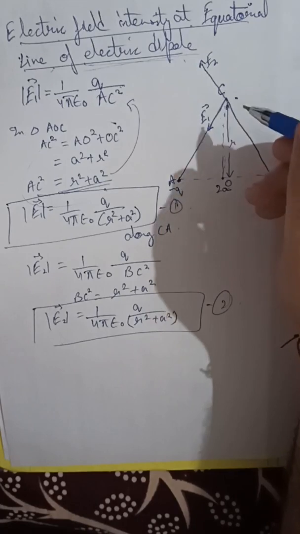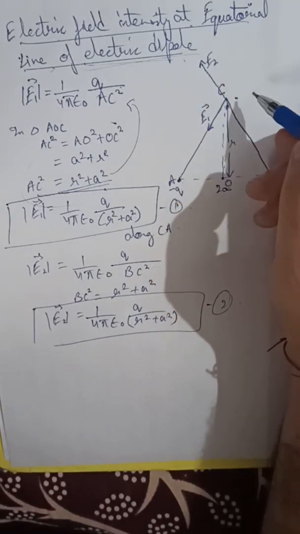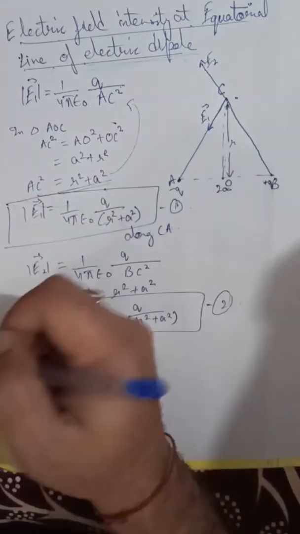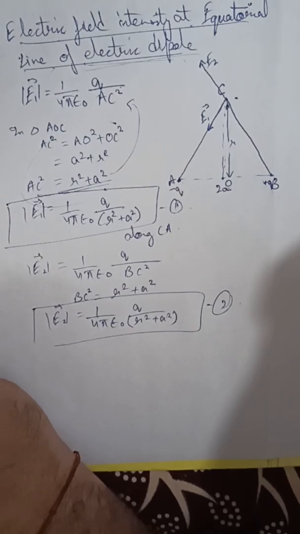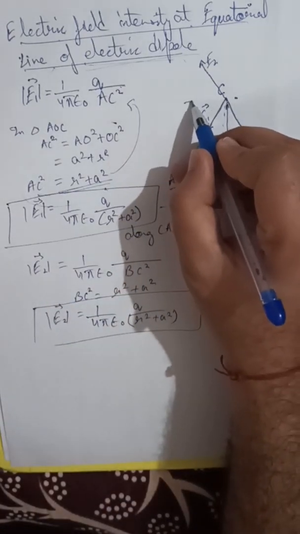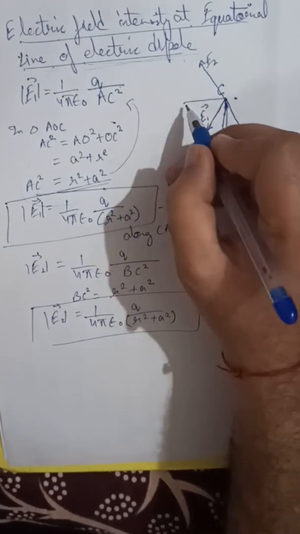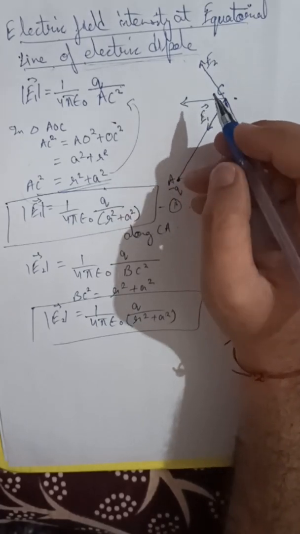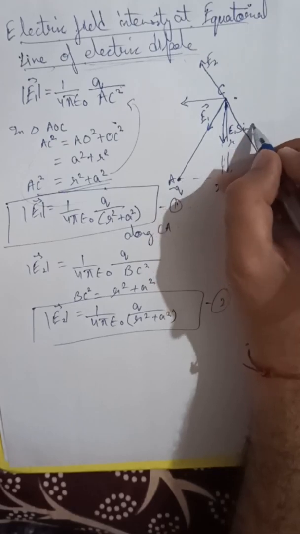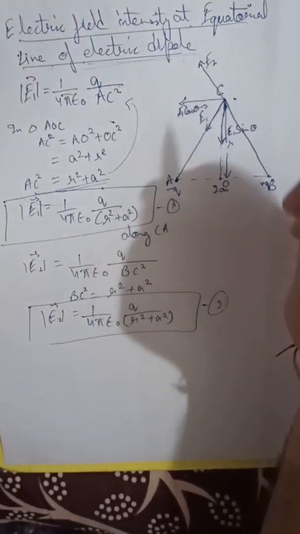Now what we will do is resolve E1 and E2 both into rectangular components. As you know, for the x-axis there will be cos theta and sin theta. So for E1 it will be here and here. So this will be E1 sin theta and E1 cos theta, and E2 same.